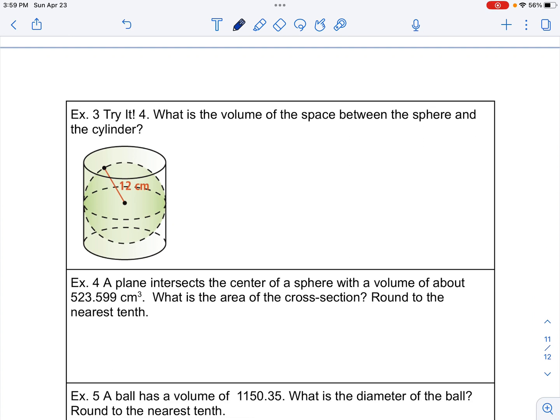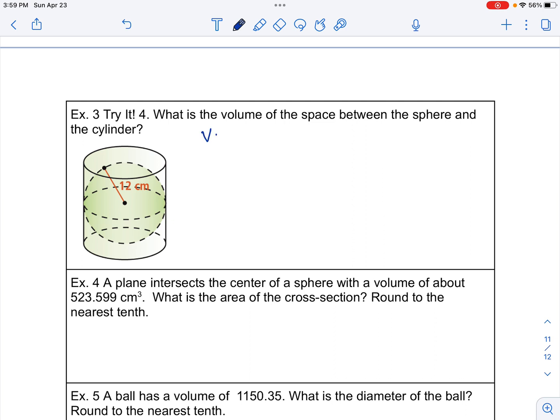It says, what is the volume of the space between the sphere and the cylinder? So instead of adding the two shapes together to find the total, what we're going to need to do is subtract the shapes to find out how much room is around the sphere inside the cylinder.